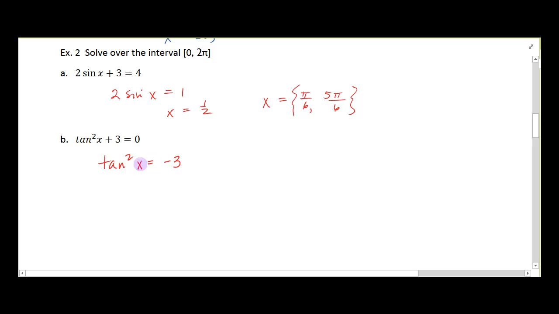But in order to solve for this, I would need to take the square root of both sides. Now, I cannot take the square root of -3 and get back a real answer, so actually the solution to this is no solution, since I can't take the square root of a negative number. And that's one method of solving our trig equations.